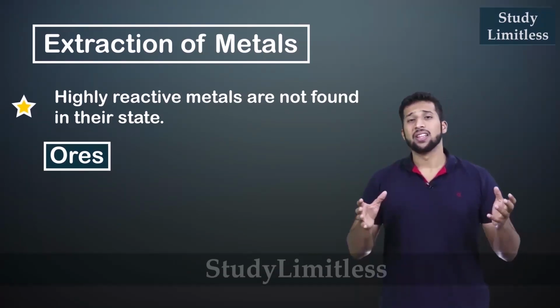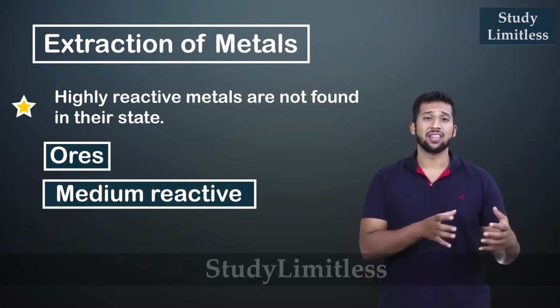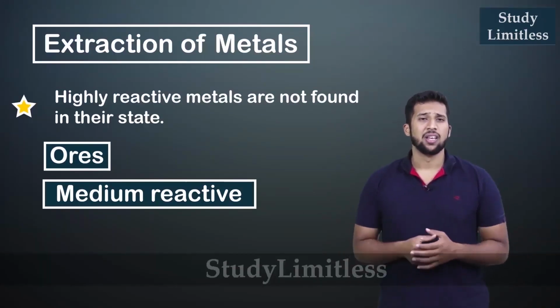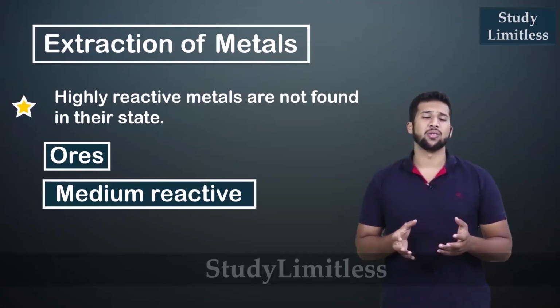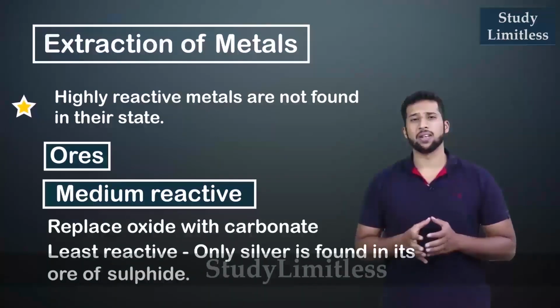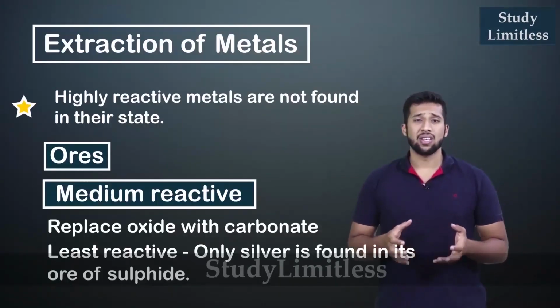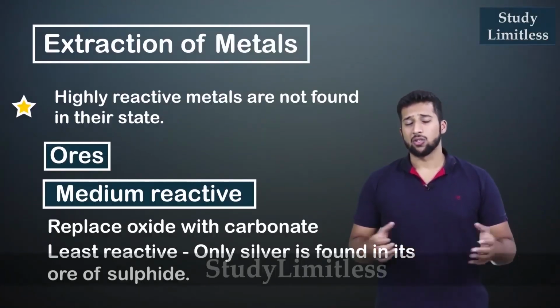Then you have the medium reactive metals, which can be found in nature either as sulfide ores or oxide ores. Then you have silver and gold, which are not so reactive, and hence you do not usually find them in ores. You can find silver in its sulfide ore, but gold not so much.